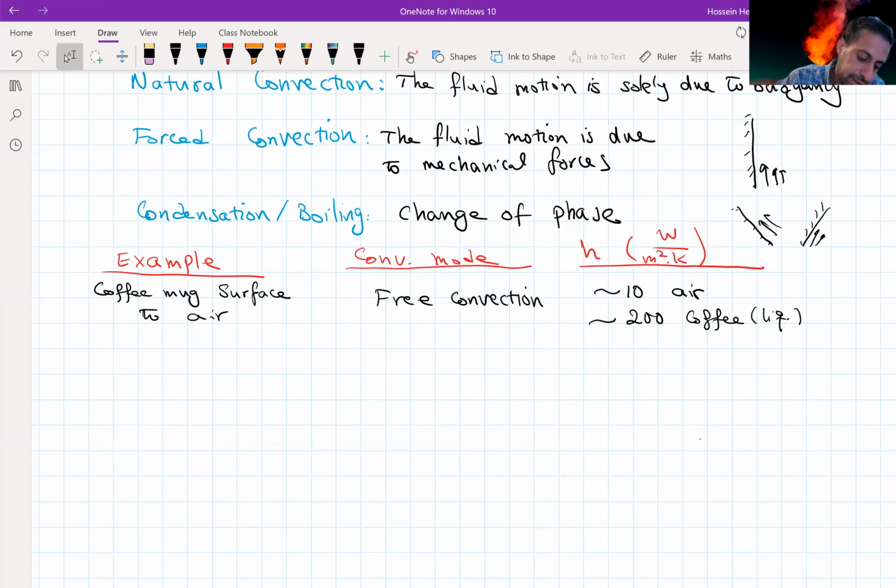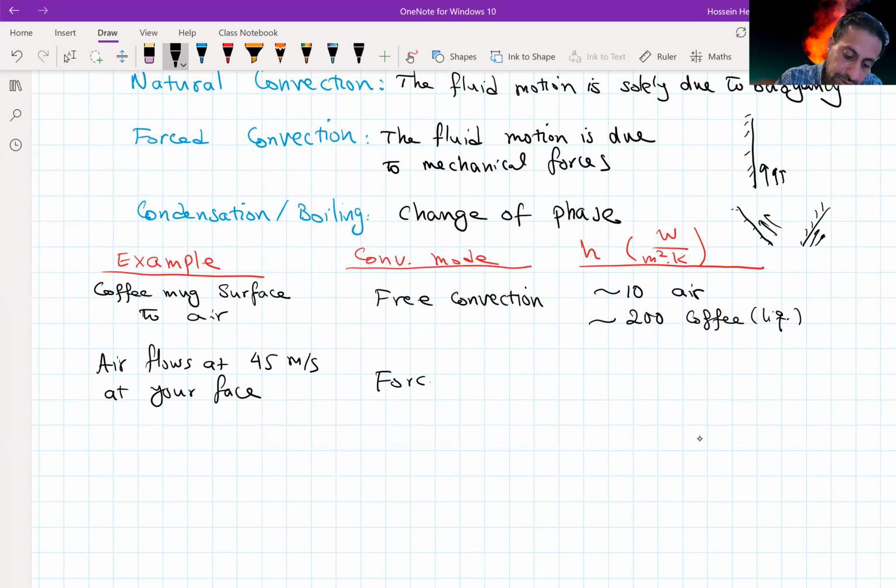The other example, when air flows at 45 meters per second at your face, what we have here is forced convection, and the heat transfer coefficient is around 100 on the air side and around 1000 on the liquid side.